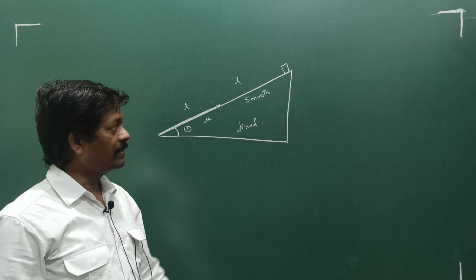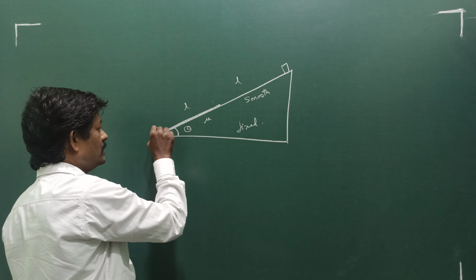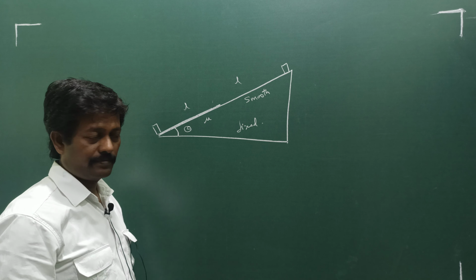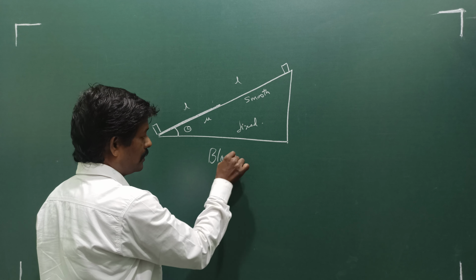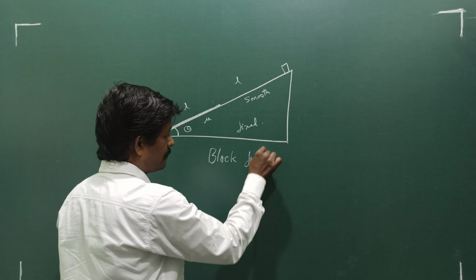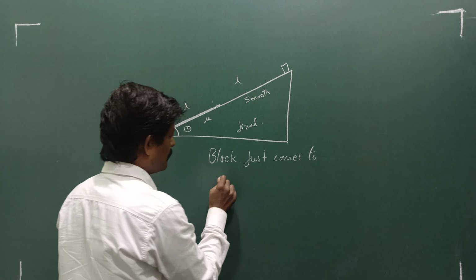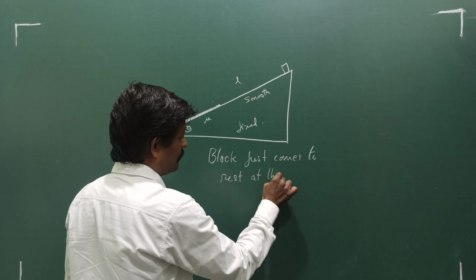And in the question they have given that the block slides down and just comes to rest at the end of the wedge. So the condition given is that the block just comes to rest at the bottom.